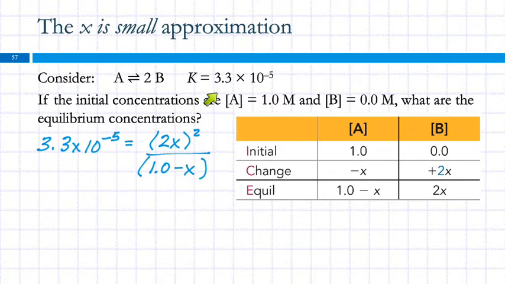Small equilibrium constant, x is going to be small. So subtracting a small number from 1.0 might not make much difference. It's like, well, how could that be?